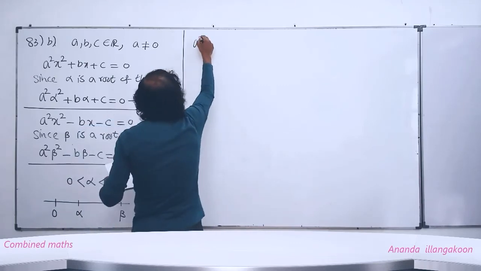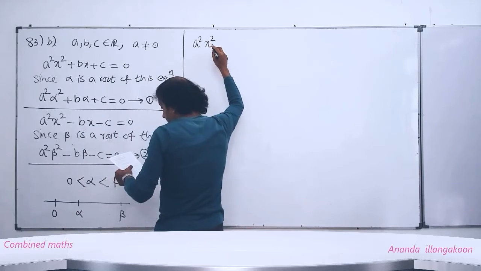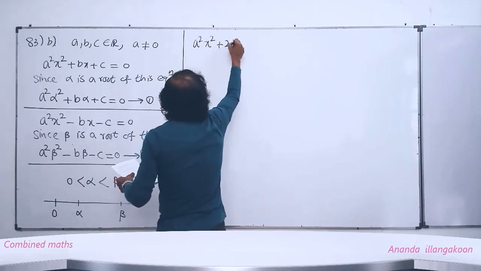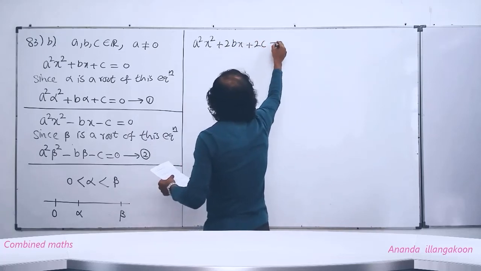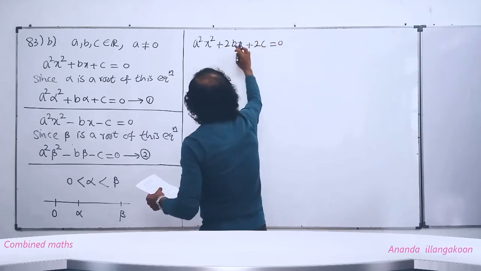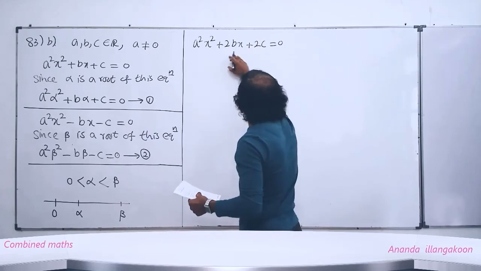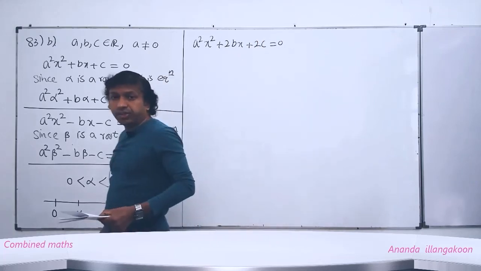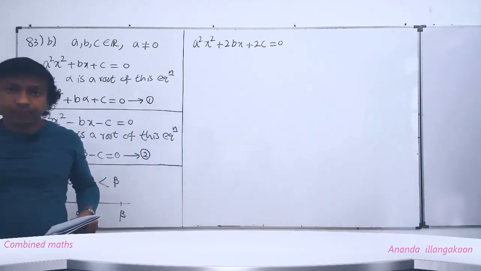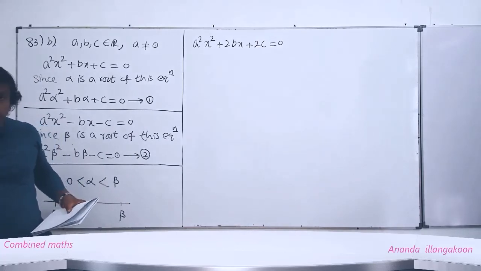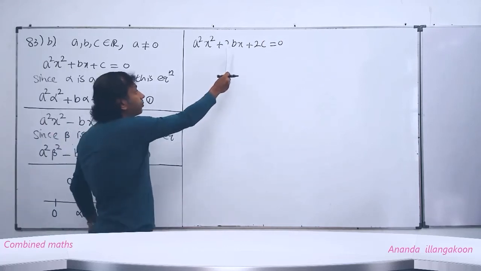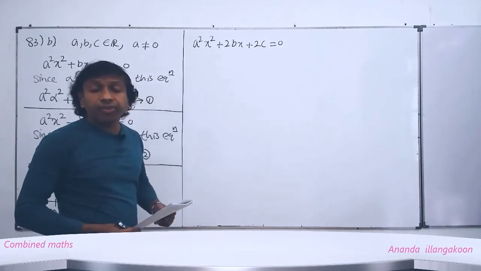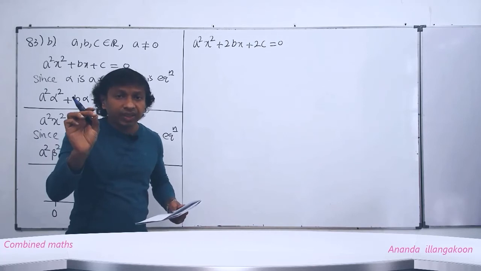It is a squared plus x squared plus 2bx plus 2c equals 0. You know, x squared term this has, x term it has. Therefore, this is a quadratic equation in x. This is a quadratic equation in x. People, now we are asked to show, people, this equation has a root, that root given as gamma.